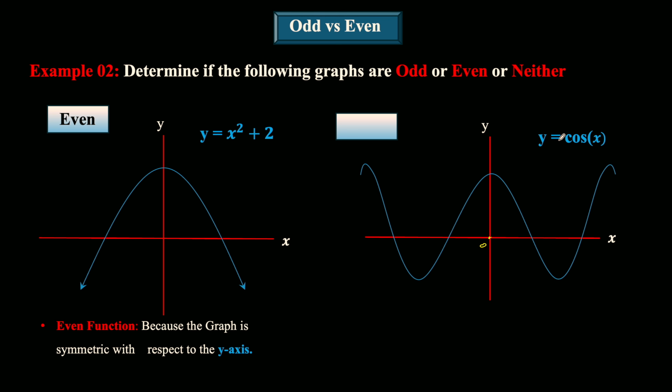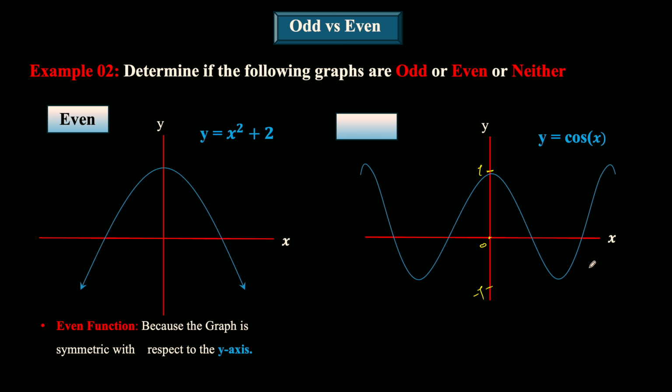Because this is y equals cosine of x. Cosine of x is always doing waves between 1 here and minus 1 here, okay? And it always has the same waves, we can say.